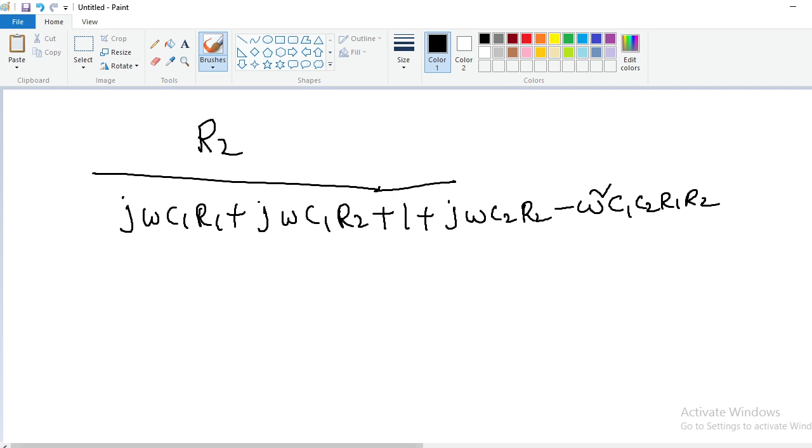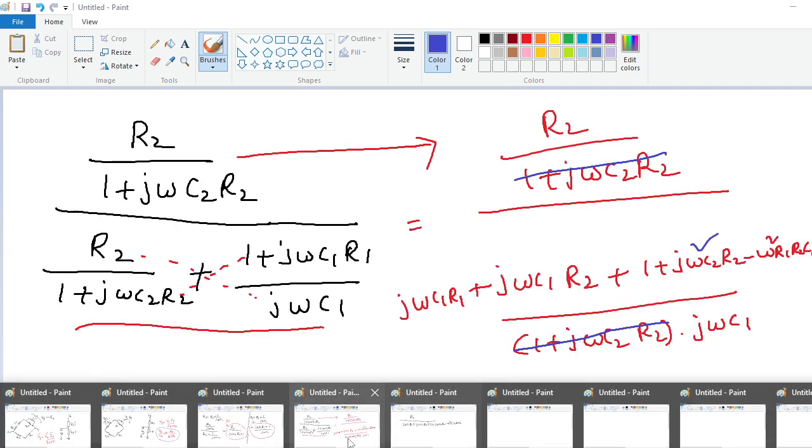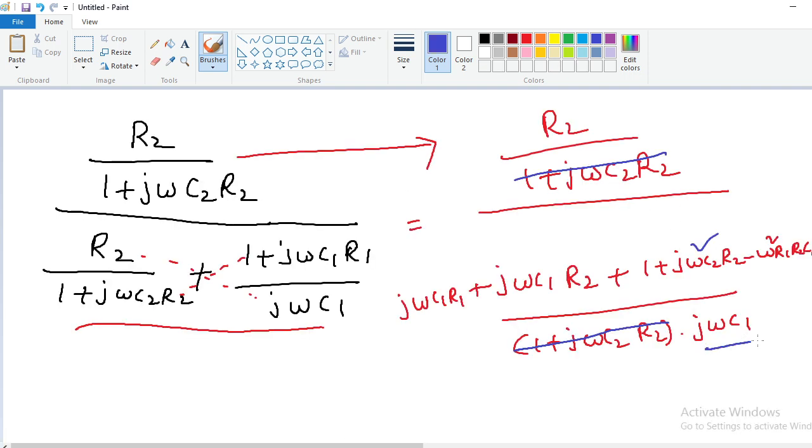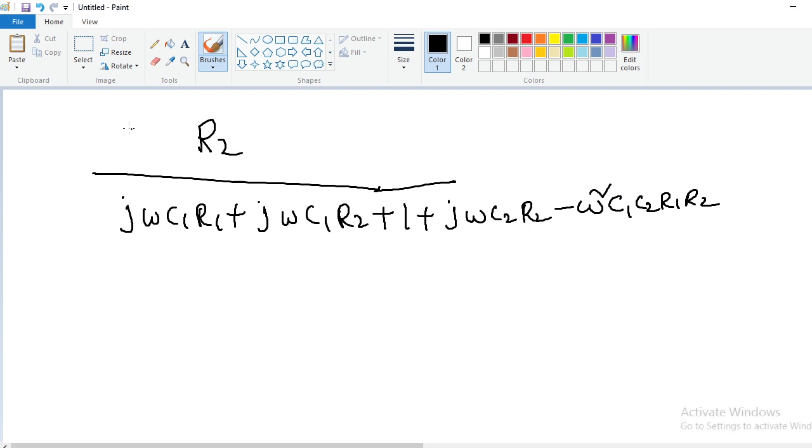And finally the numerator value also changes because of this j omega C1. So the numerator is equal to j omega C1 R2.